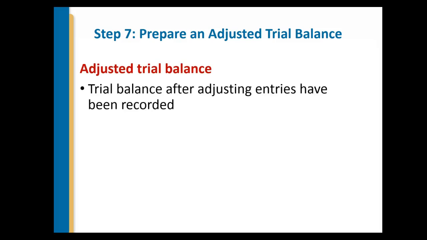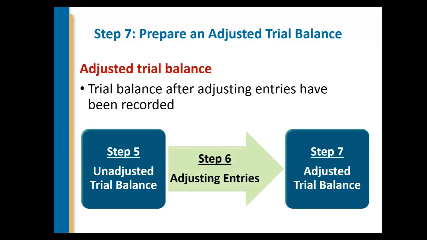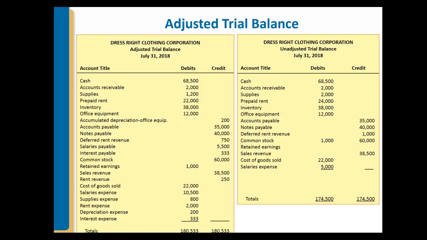After the adjusting entries are all posted to the general ledger accounts, the next step is to prepare an adjusted trial balance. The term adjusted refers to the fact that these adjusting entries have now been posted to the accounts. Here you'll see the adjusted trial balance.